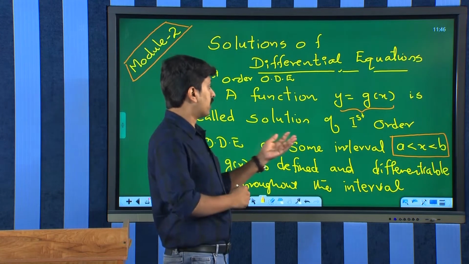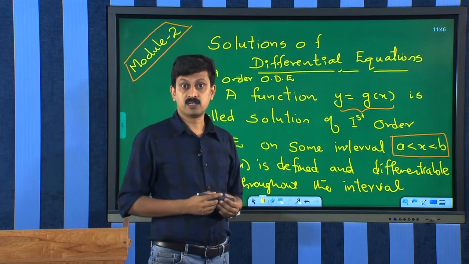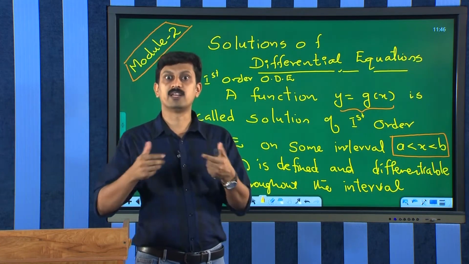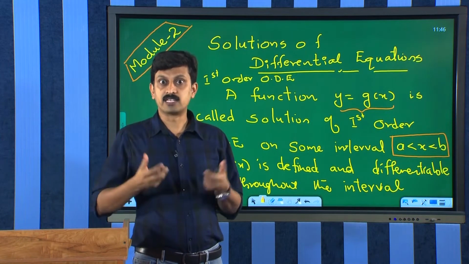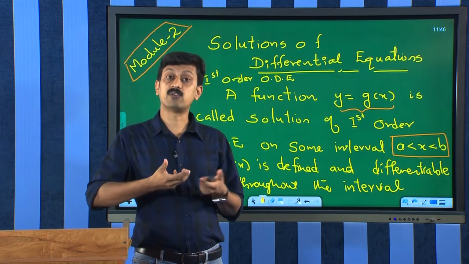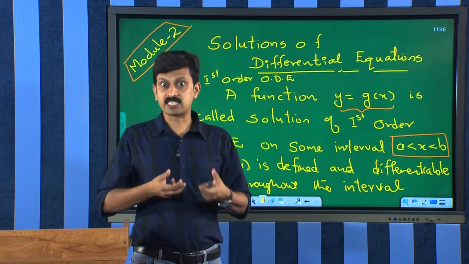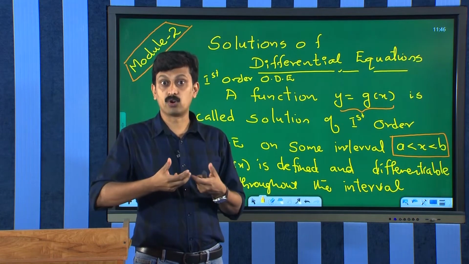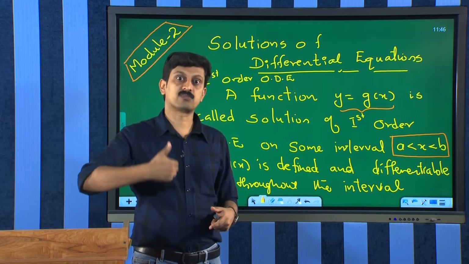That is why the solution will be a curve in a plane, the xy plane, where x stands for the independent or domain part and y stands for the function part.